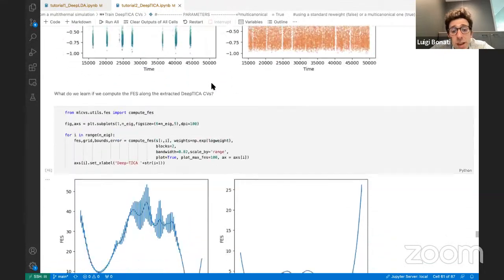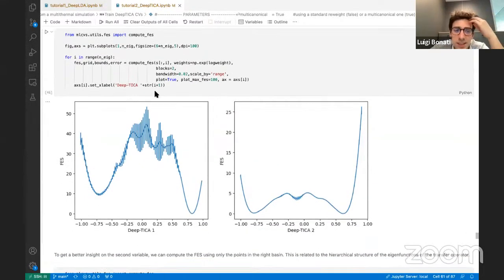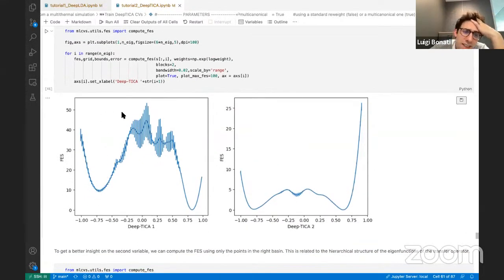One way of analyzing this is to compute the free energy as a function of the Theta CVs. Here we see that in the intermediate region there is a lot of uncertainty. Why? Because we have no points there.